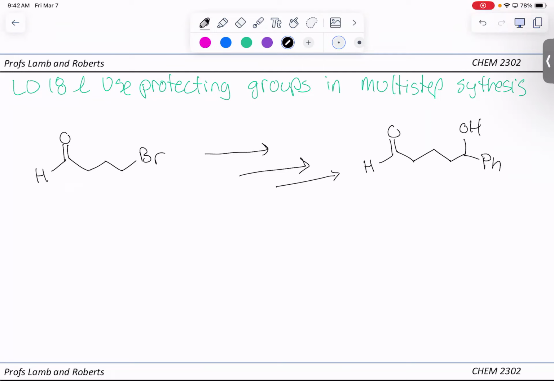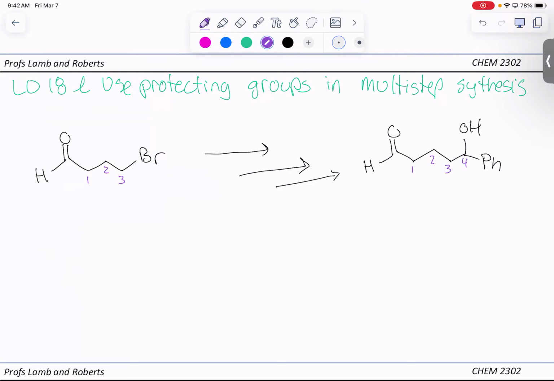Whenever I'm doing multi-step synthesis, I'm always thinking, what things are we adding? What things are we taking away? So we are adding in, let's count our chain, 1, 2, 3. 1, 2, 3. We're adding in a 4th carbon.